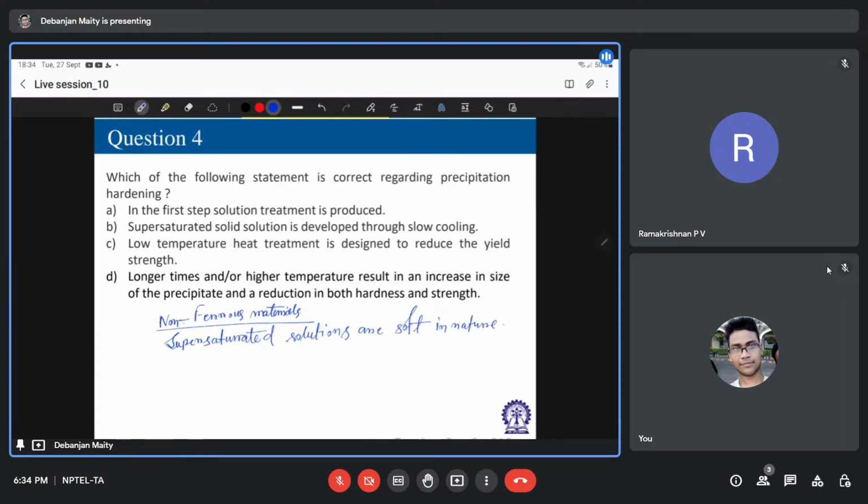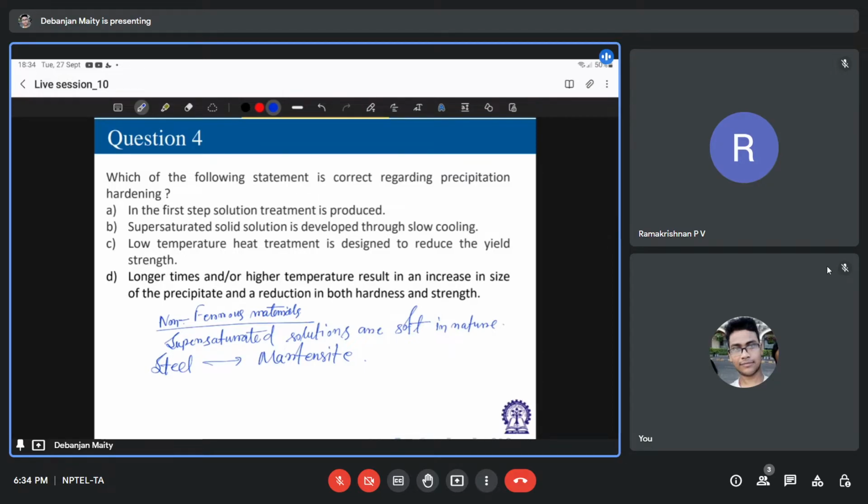When you are quenching to prevent diffusion, you make a soft material, or in case of steel, you make martensite through rapid cooling after this solution heat treating, and then you do some aging process.